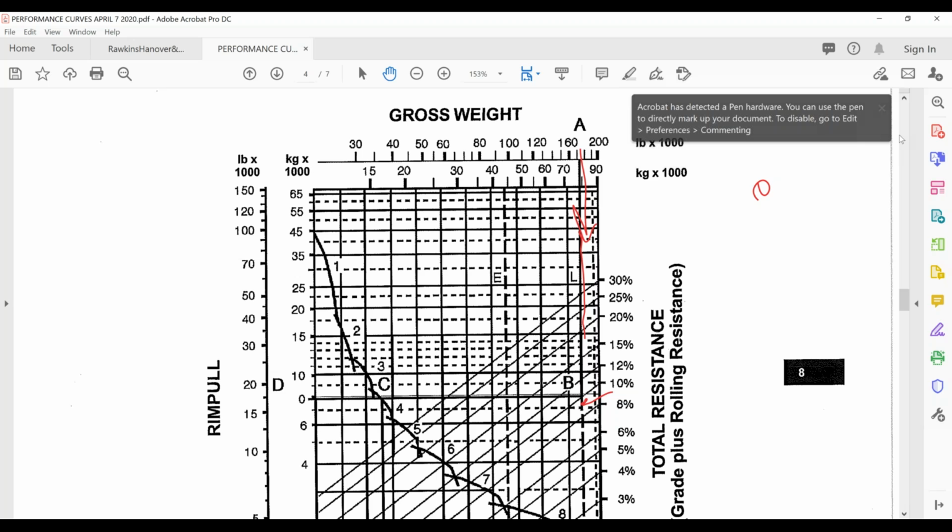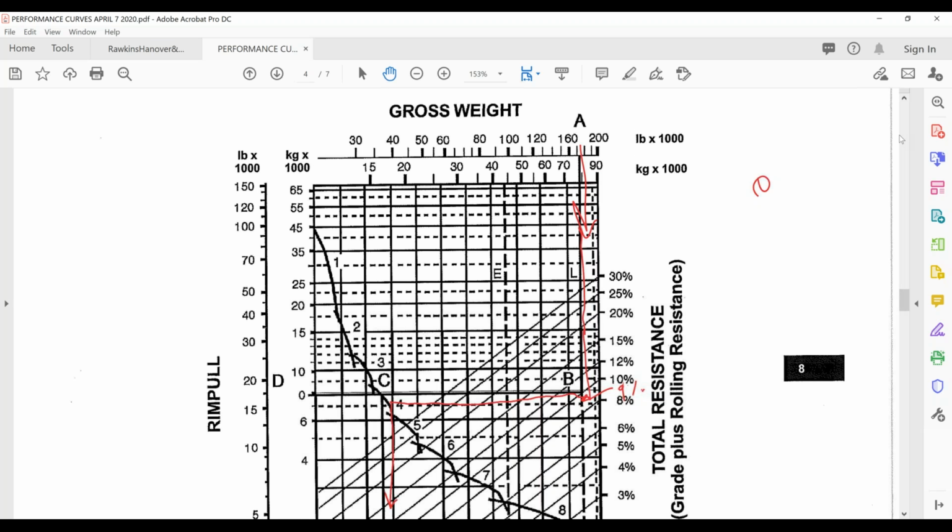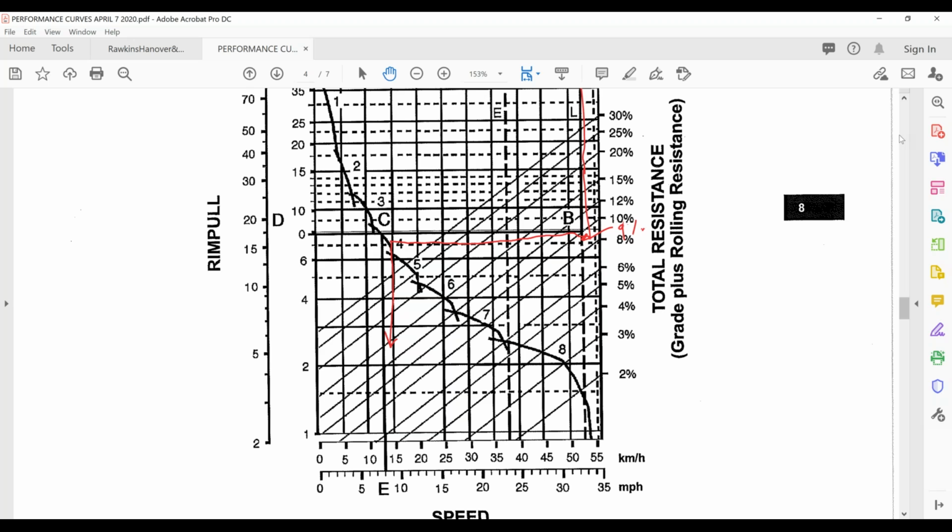So that's 9%, and that's where we have section number 2. We come across here now. We find out we're going to do that in 4th gear, and in section 2, we're going to be able to travel at 9 miles per hour. That is a 9% slope.